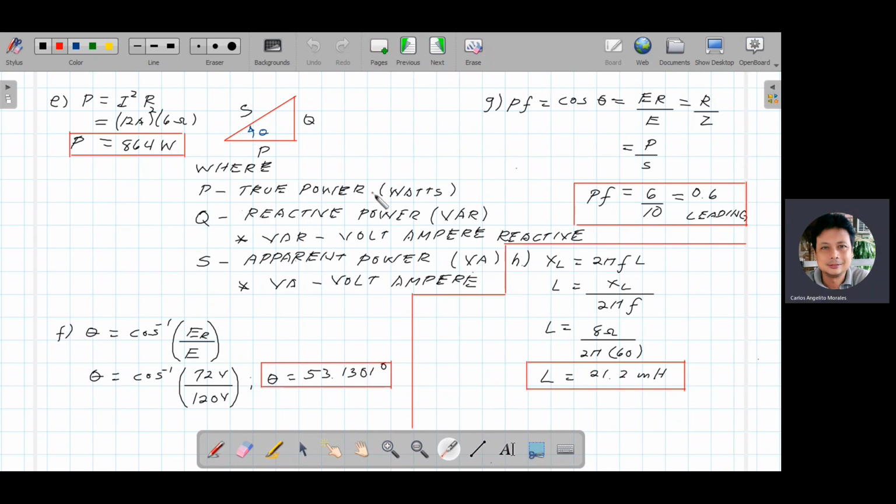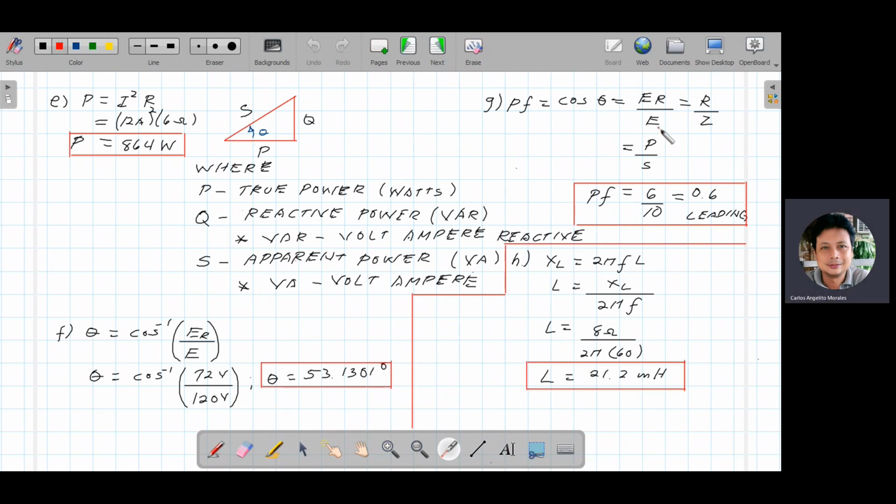Where P is true power in watts, Q is reactive power in volt ampere reactive, and yung S yung apparent power, volt ampere. So theta equals arc cosine of ER over E. So theta is arc cosine of 72 volts over 120 volts, makakakuha ka ng angle na 53.1301 degrees.